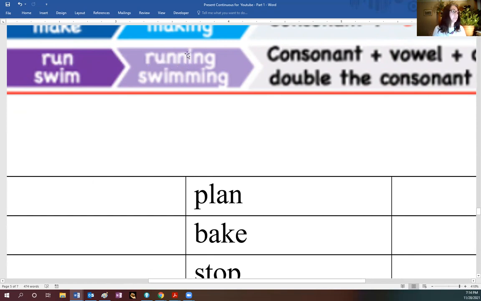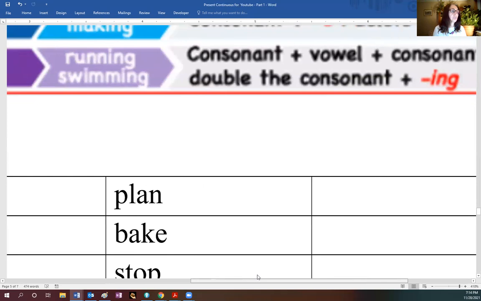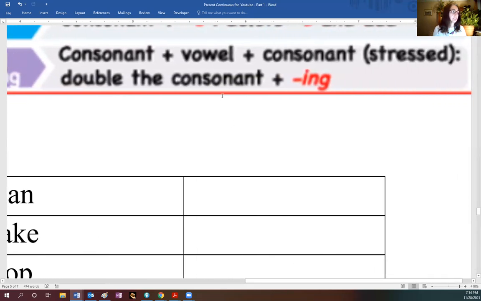So you see you have double N here, two N's. Okay, here, swim. W is a consonant, I is a vowel, M is a consonant again. So swim, swimming. Now the last letter, the last consonant, you will double. Okay, so consonant, vowel, consonant. What you do, you double the last consonant and then you add ing.